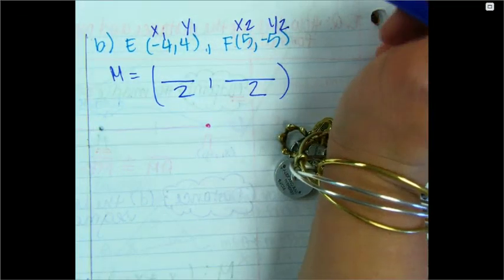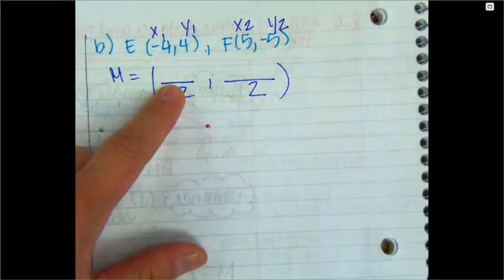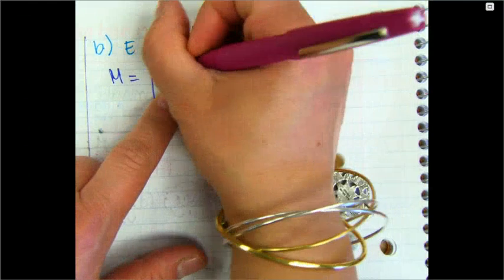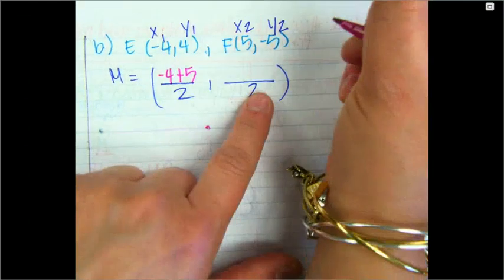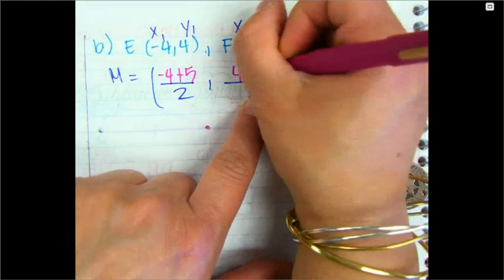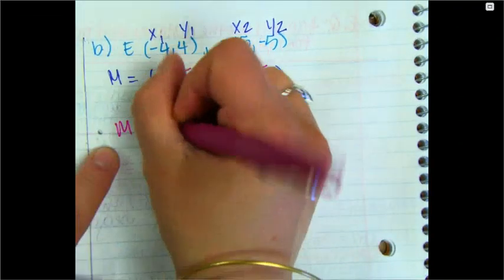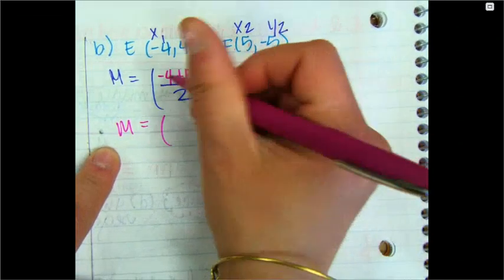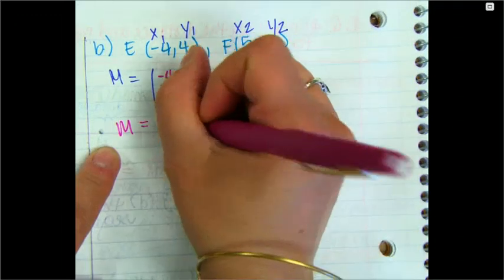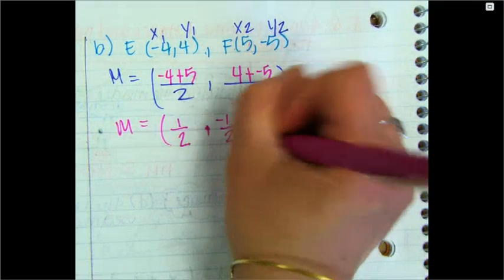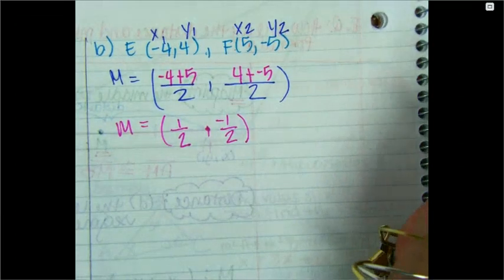Here we go, on the top, what are we plugging in? -4 plus 5 and plus -5. All right, so I get midpoint to be what? What's -4 plus 5? 1 over 2, comma, -1 over 2.